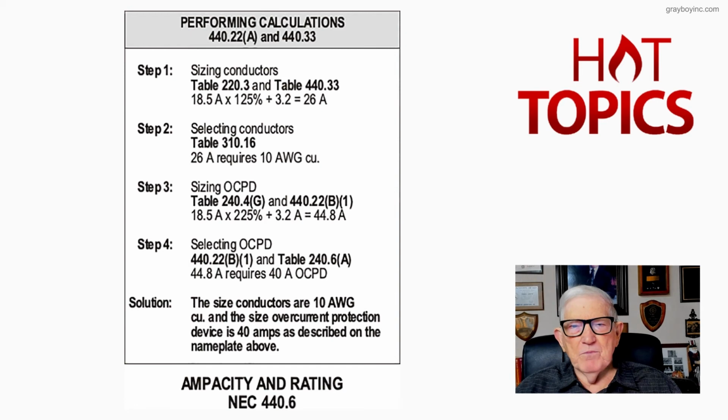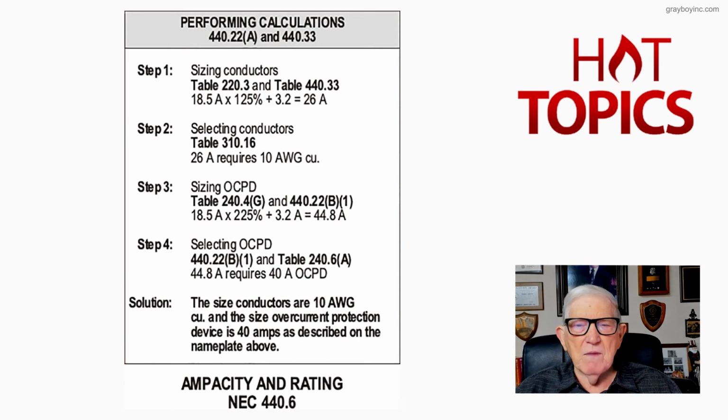Now, step 3, we're going to size that overcurrent device, so we're going to reference table 240.4G, and it says, oh yeah, you can size up greater than the 125% in step 1. We're going up to maximum size, 225%.